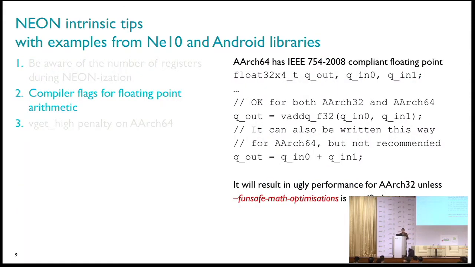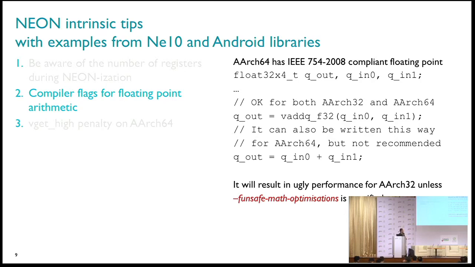Our last tip is compiler flags for floating point arithmetic. As you know, ARC64 has an IEEE 754 compliant floating point unit. So we can use an intrinsic function like this, v8-Q15-408, to generate the Neon assembly we want.